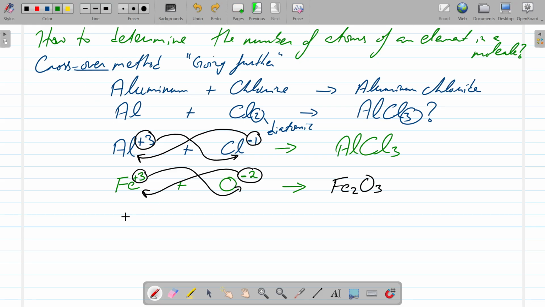You've got copper 2, right? So it is plus 2, and it's reacting with oxygen. So what's going to happen?